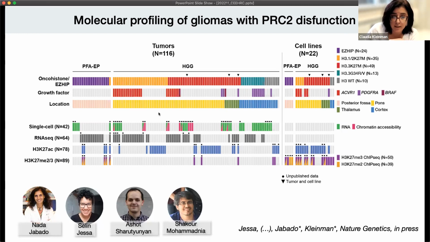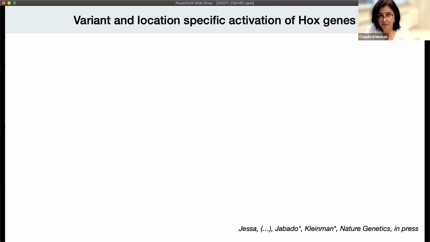So in this tumor entity, we will have similar epigenome effects at some level, at the level of K27me3, but in a completely different cellular context. That allows us to ask the question of the effects of the different mutations in quite different contexts. And we also have one patient with a rare occurrence of a PFA ependymoma driven by H3.1 and not by EZHIP. So we have this very, very rare and interesting patient.